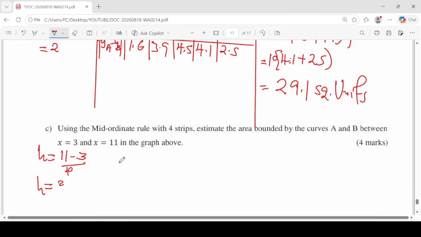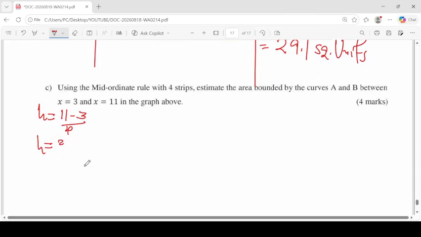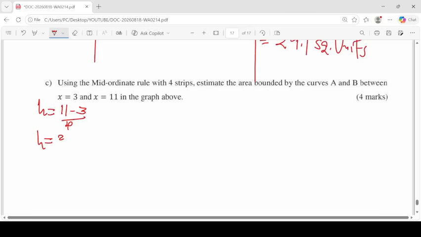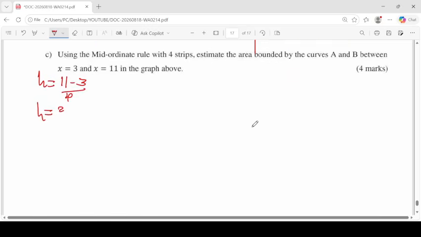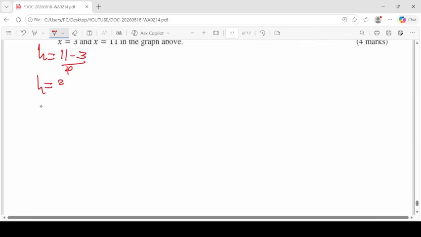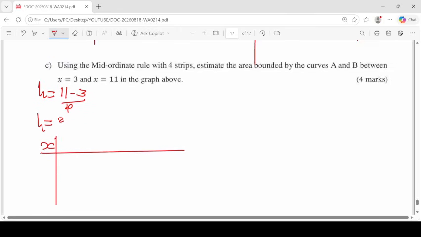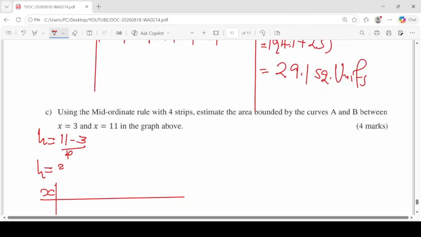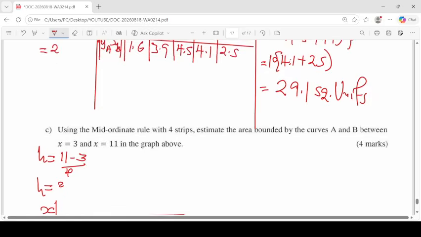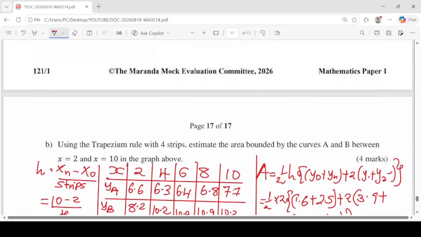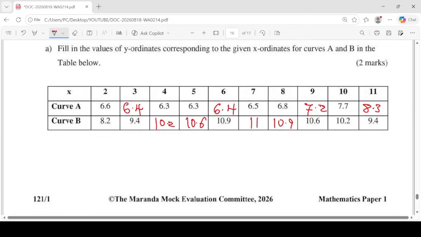So let us have a table of xy values. The first value of x, from 3 we're going to go to 11, but with 4 strips. 3 to 11 with 4 strips, this is 1, 2, 3, 4.